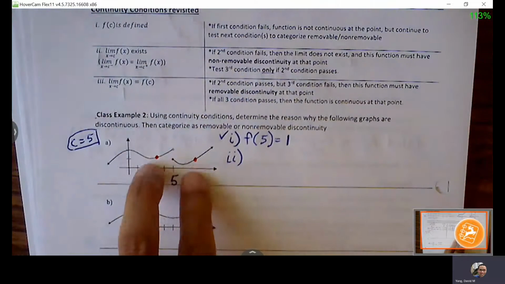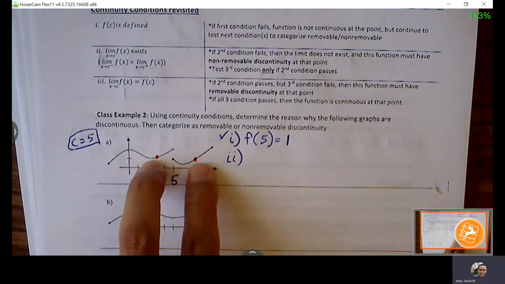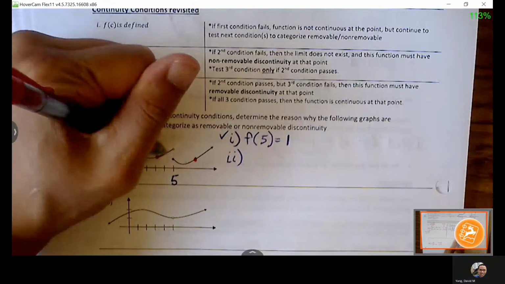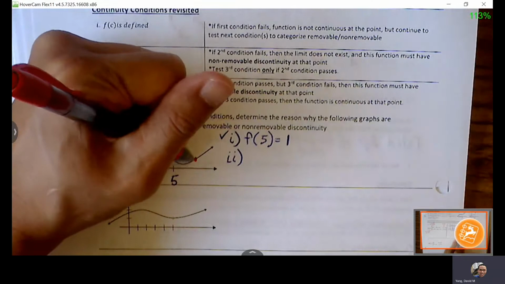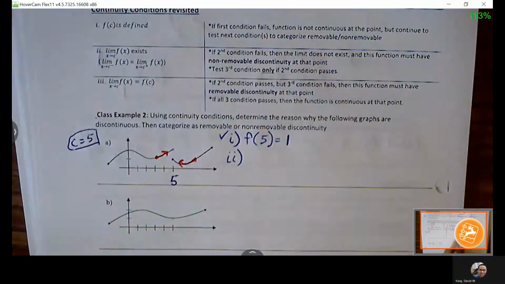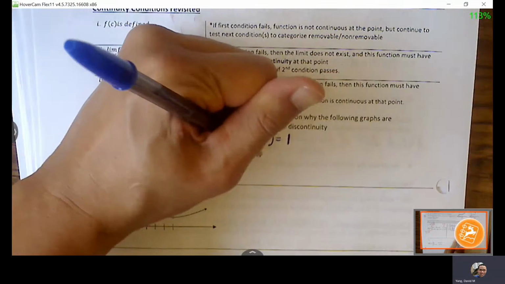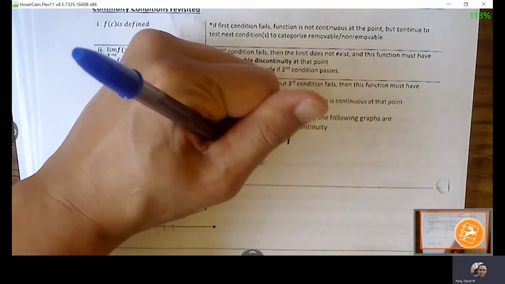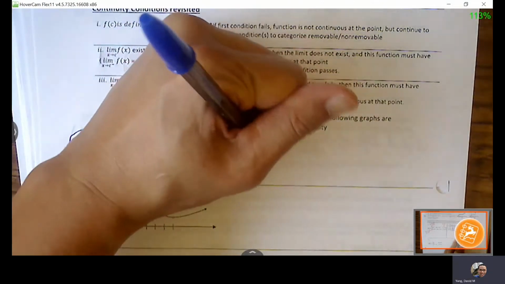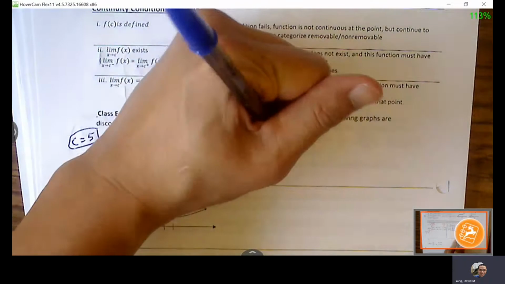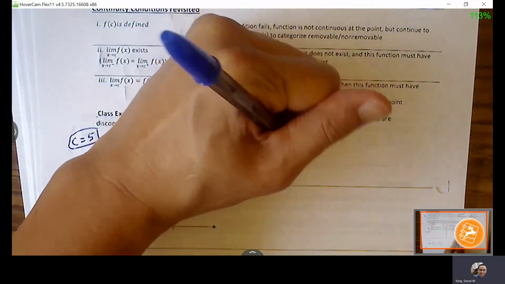For a limit, I'm going to pick points on either side of my target. Are the arrows headed towards the same destination? No. Okay, so we know the limit doesn't exist, so we'll write that out. Limit as x approaches 5 of, make sure you write out f of x, don't leave that out, does not exist.